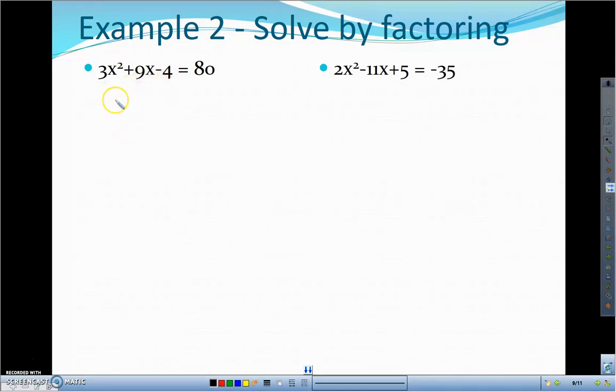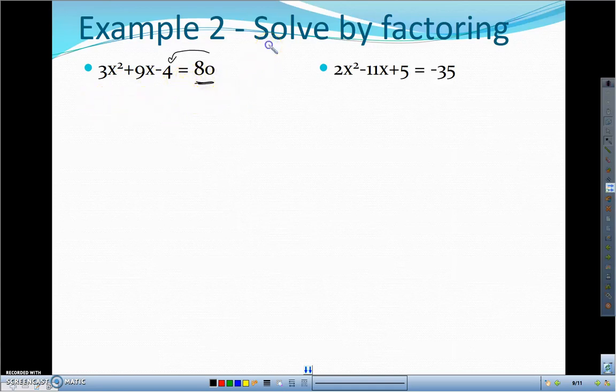We're going to solve by factoring. And this is a little bit different than the last one because you've got these numbers on the right side. But what we're going to do is bring them back to the left side and make this one equation where it's set equal to 0. And what this is saying is, when is this expression equal to 80?